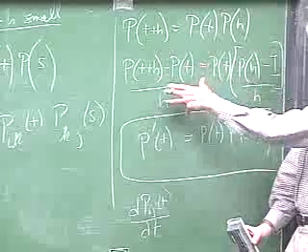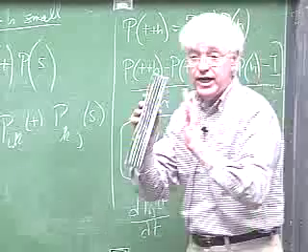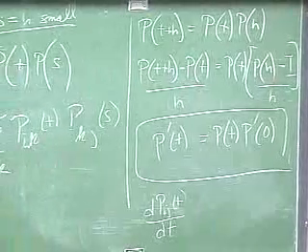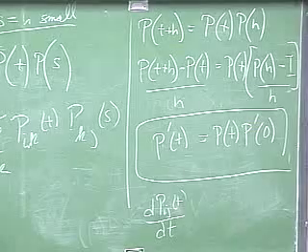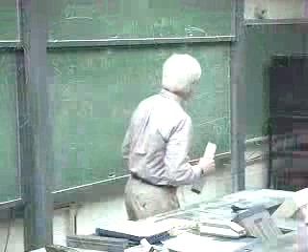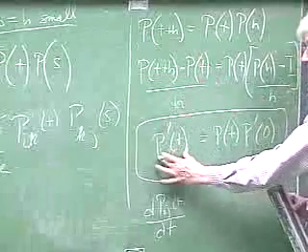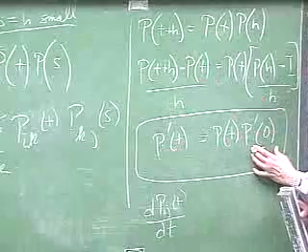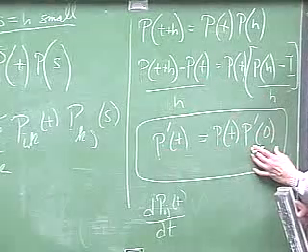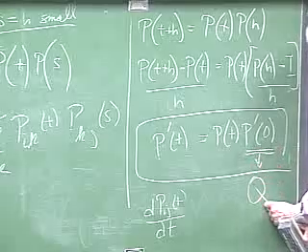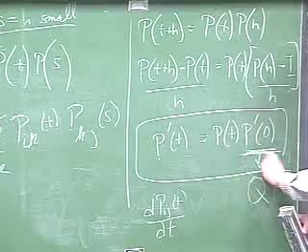This thing is written down for matrices, but it's just the standard derivative for each element of the matrix. So this is a matrix equation, and this is a matrix equation. I let h go to 0, I get the derivative here, and I get the derivative here. We're going to call this Q. This is the derivative at 0.